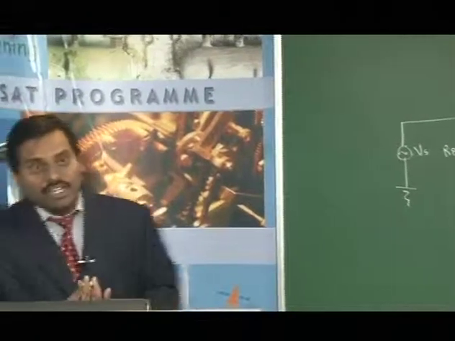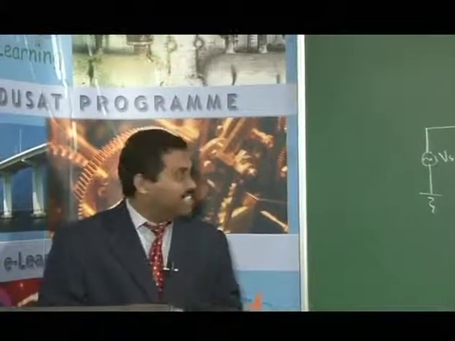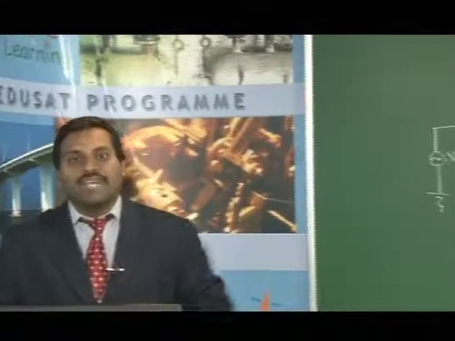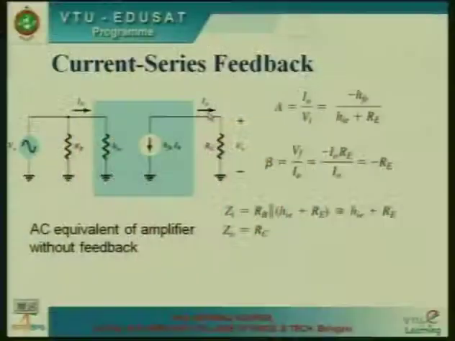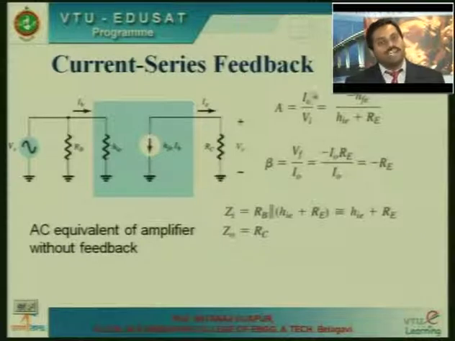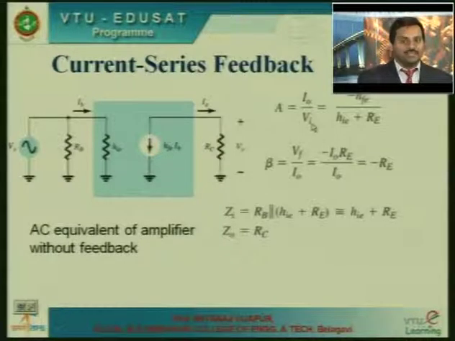From feedback point of view, gain, which is A here, can be expressed as: the parameter of interest here is output current, whereas voltage is applied at the input. So, gain A is equal to output current divided by input voltage.